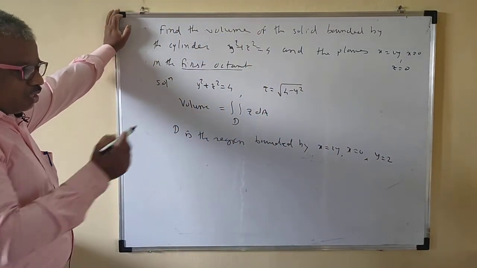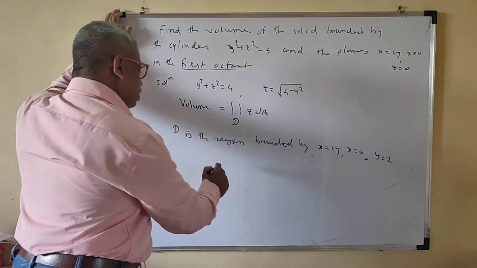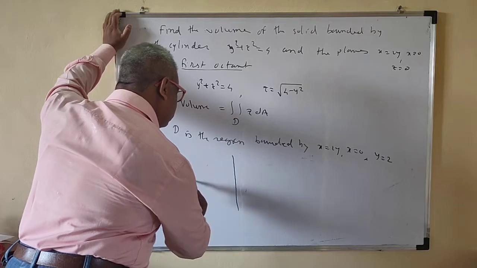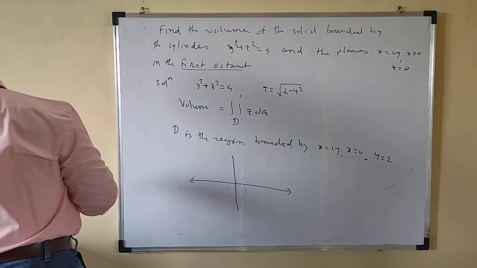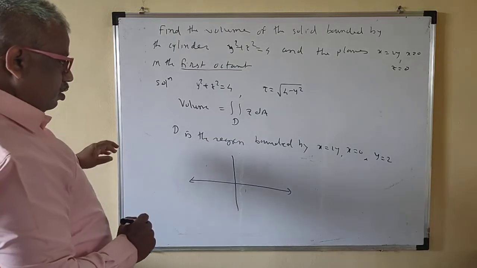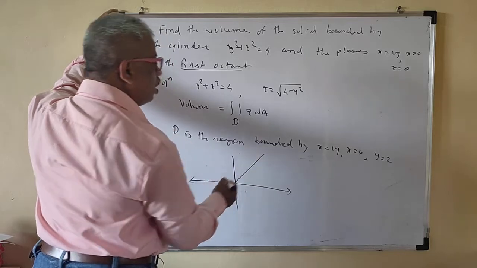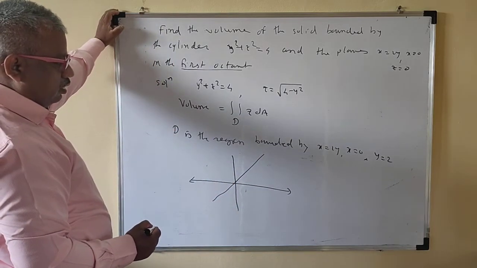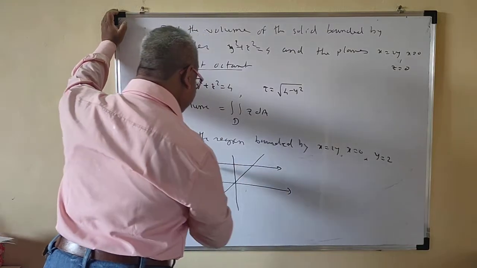Okay, so I have to draw this line, x is equal to twice y. Okay, so we draw this line. X is equal to twice y, and y is equal to 2. This is your y is equal to 2.